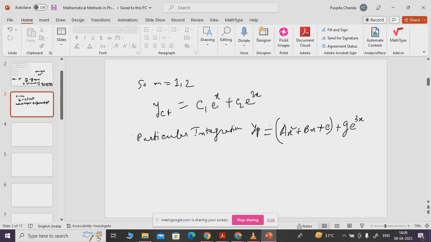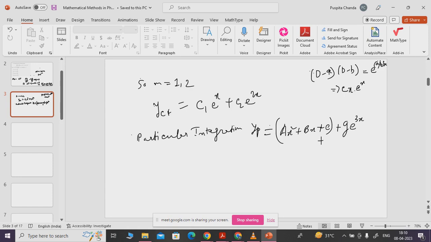And as we have seen, for e to the power x, for an operator of the kind (D minus a)(D minus b), if e to the power ax or bx is on the right side, the solution will be x into e to the power x into a constant.